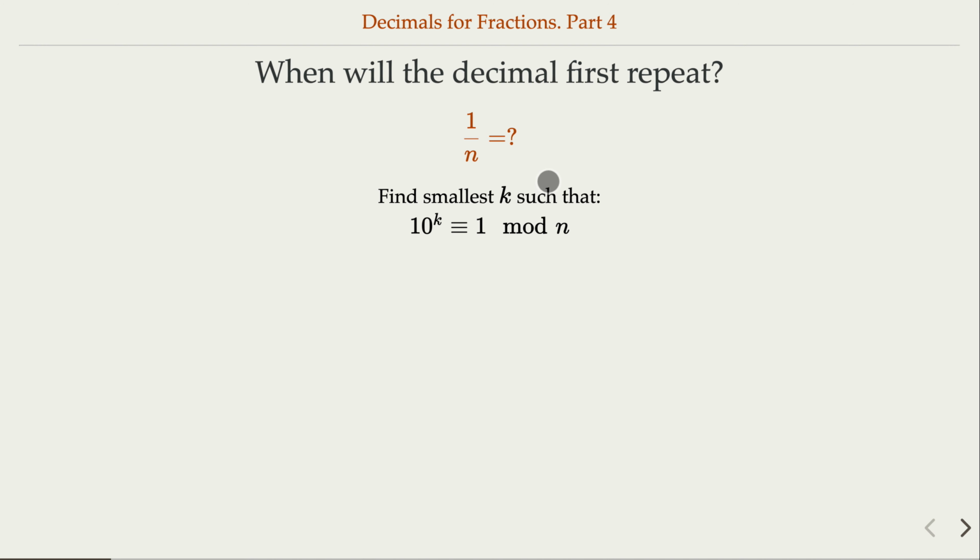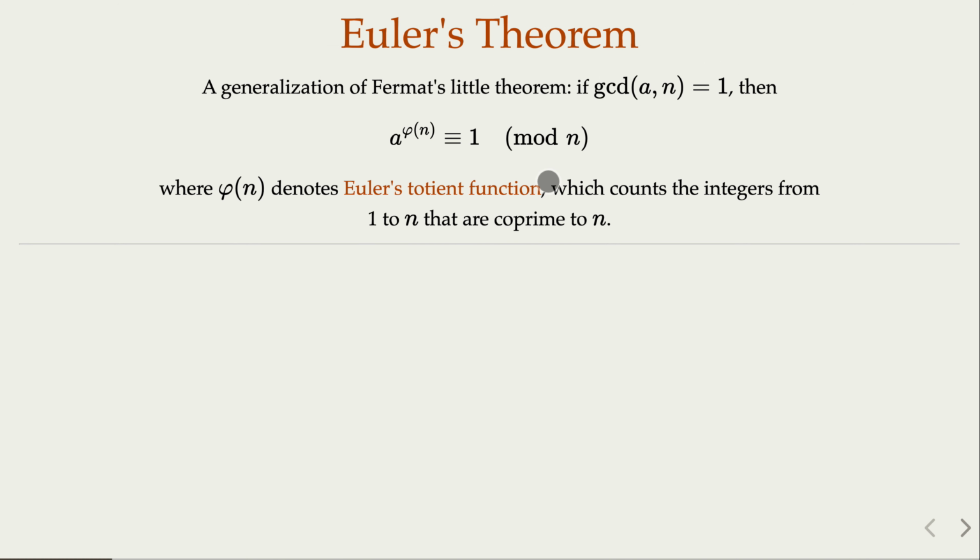A related theorem on this is called Euler's theorem, which says when a and n are co-prime, a raised to some power is congruent to 1 mod n. That exponent is given by Euler's Totient function, we call it phi of n. It counts the integers from 1 to n that are co-prime to n. It's very useful in a lot of number theory problems.